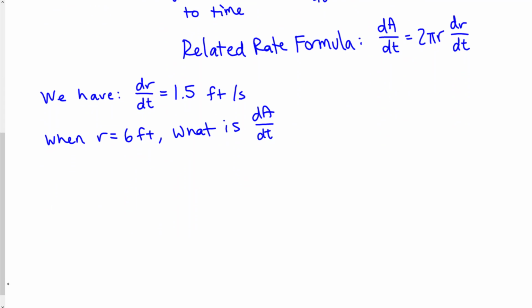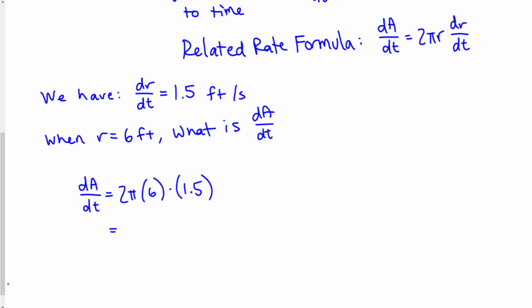Let's plug everything into our related rate formula. So dA/dt is what we're looking for, so I'll leave that alone. That is equal to 2 pi times our current radius times the rate of change of our radius.